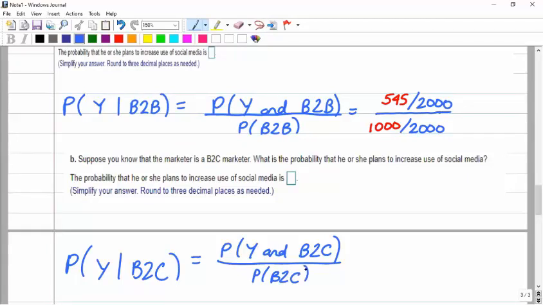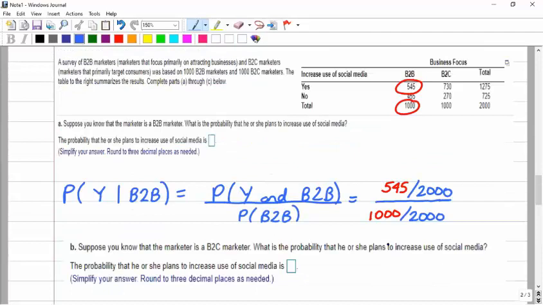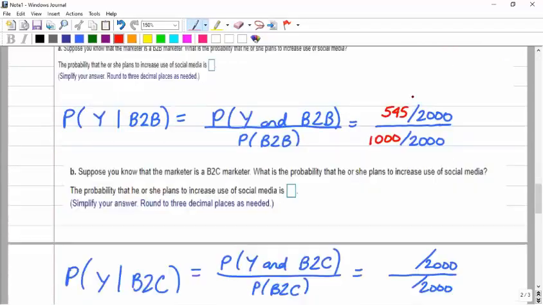And let's see. Okay, everything's going to be over 2,000 again. Let's go back up here and see where Y meets B2C. I better erase these. Y meets B2C right here. 730. And B2C is 1,000.